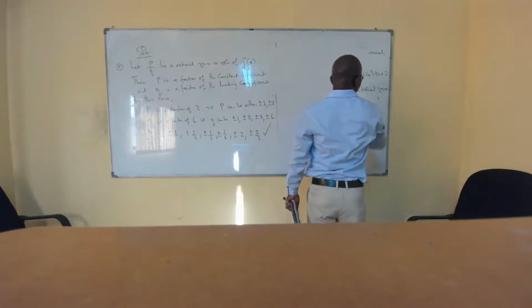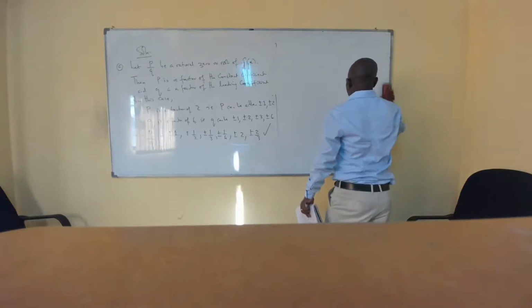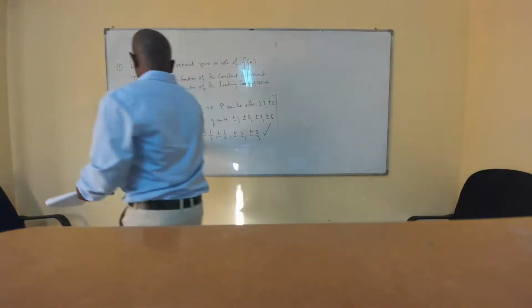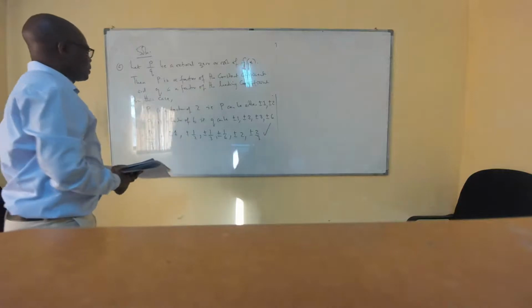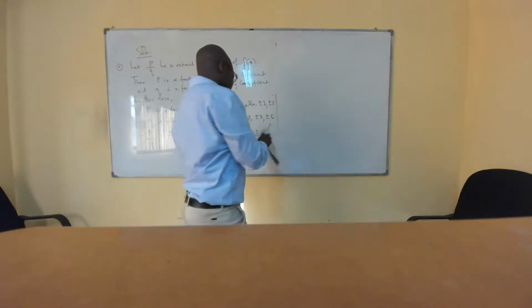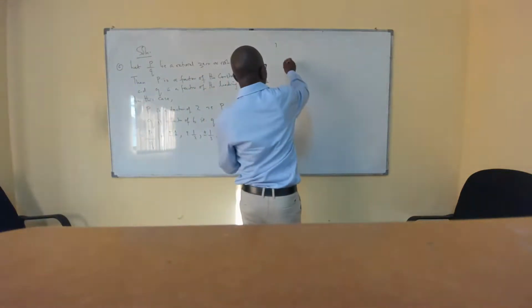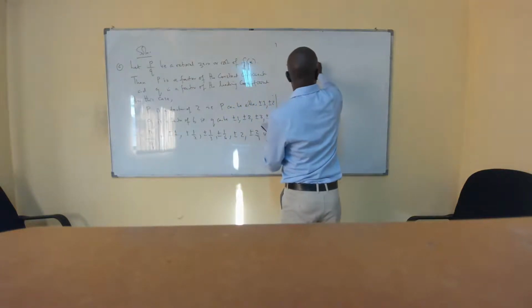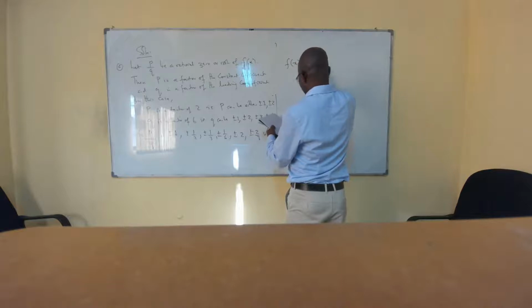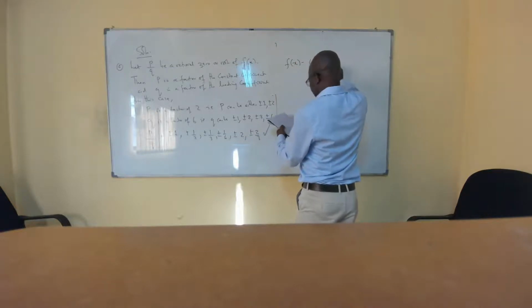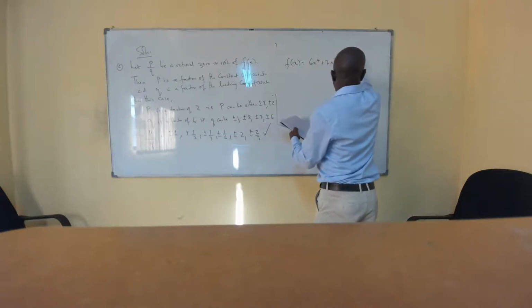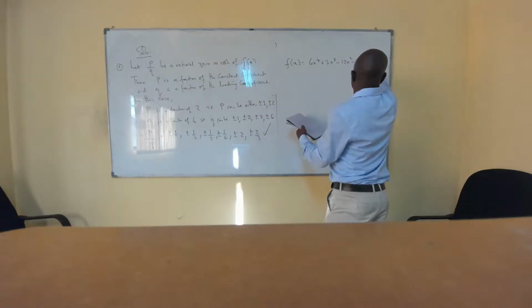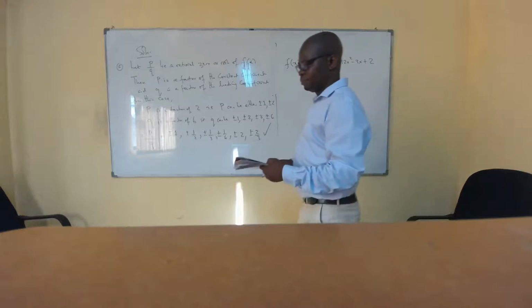So there is a simple way of checking for the first part. We are given f of x equals 6x to the power 4 plus 7x to the power 3 minus 2x squared minus 3x plus 2.